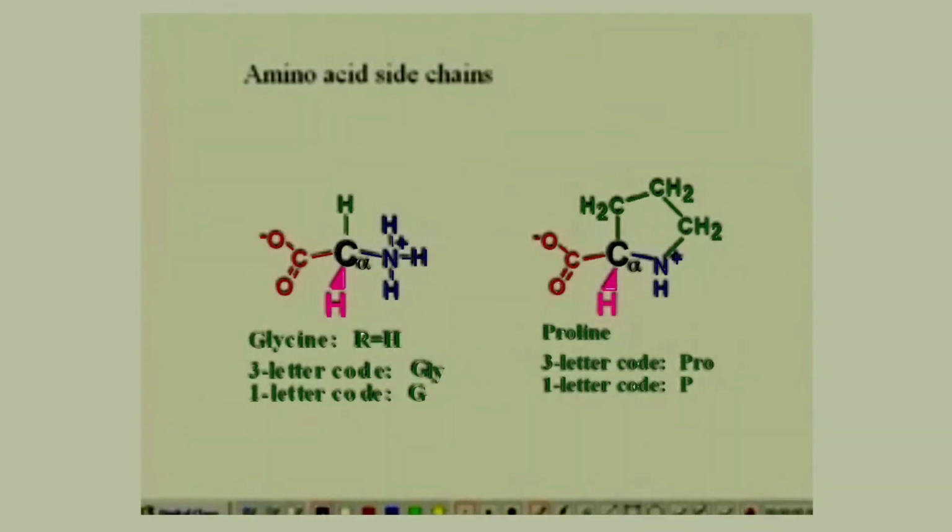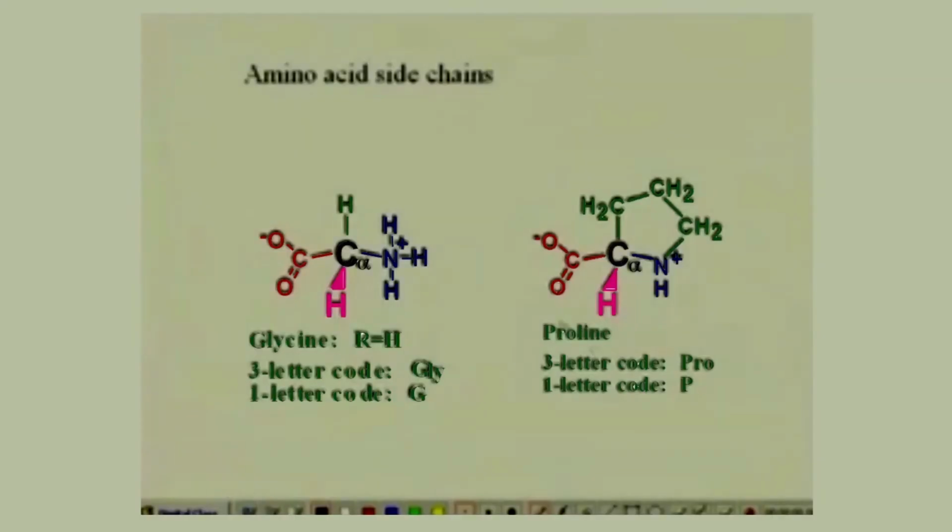What we have listed here is glycine and proline. Glycine and proline are unique amino acids in ways that we will see in a moment. Glycine is the simplest amino acid because the R group is just a hydrogen atom.